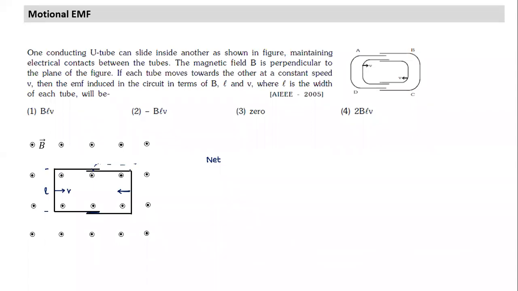No EMF due to this, anyway it is not in motion, and no EMF here also. EMF is only due to the motion of this part and this part. When they move towards each other, they will tend to add up. So the net EMF will be twice BLV. So that will be 2 BLV, the answer.